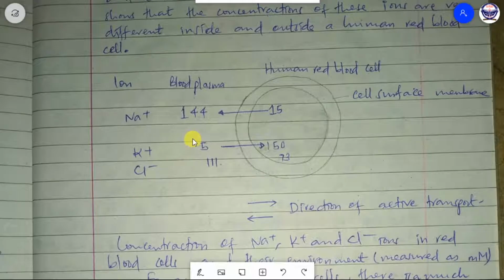So the active transport of sodium ions will be from the higher concentration, which is outside, to the lower concentration, which is inside. And the active transport of potassium ions will be from inside to the outside. Inside we have higher concentration of potassium ions, and outside we have lower concentration, so the active transport of potassium ions will be from inside to outside.